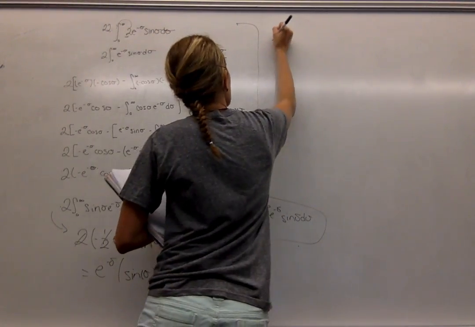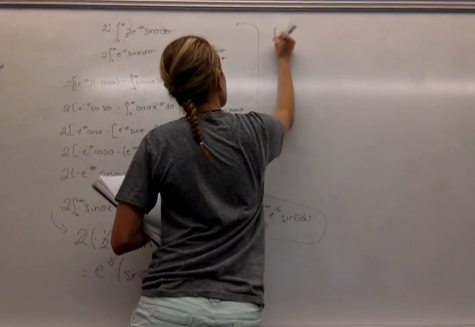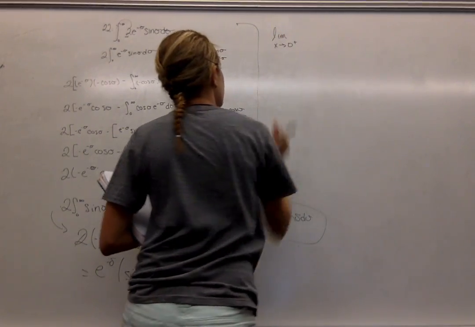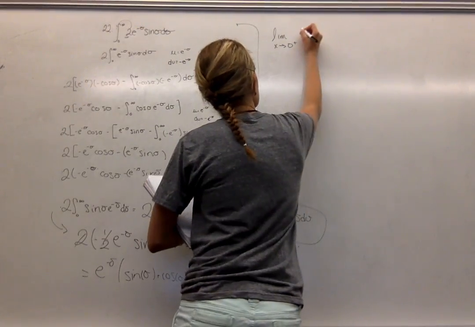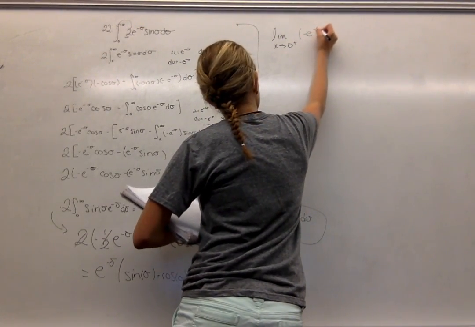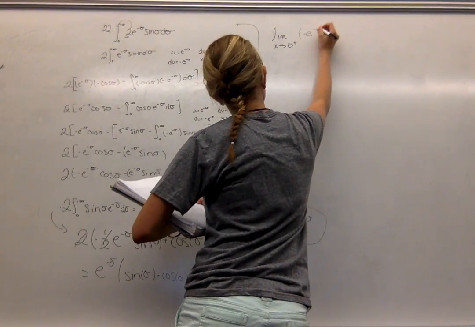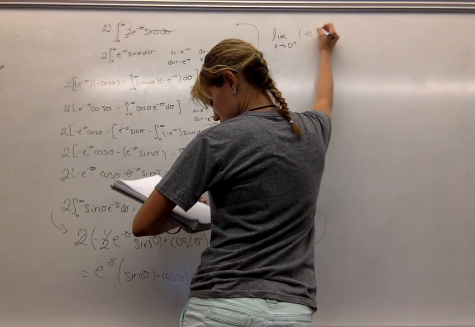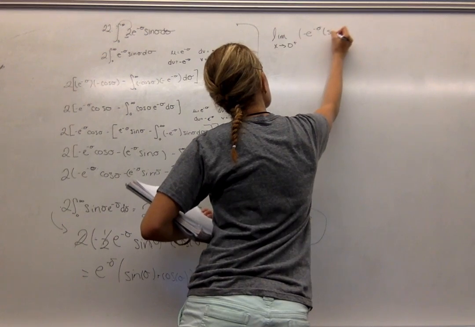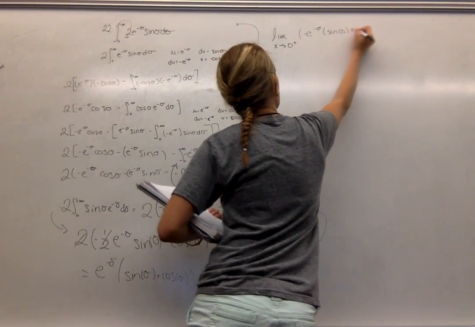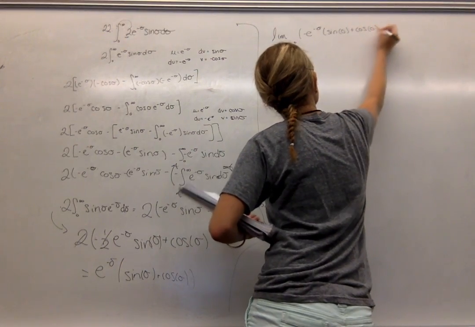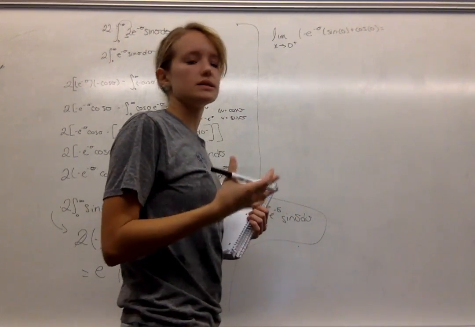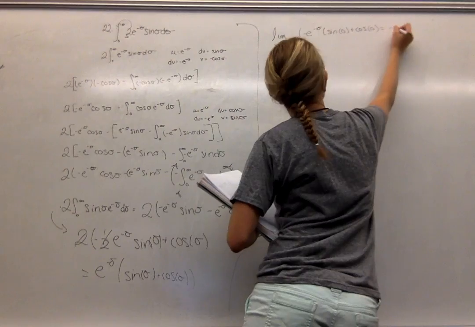So first, the limit as x approaches 0 from the right side is equal to negative e to the negative 0 times sine of 0 plus cosine of 0, and that is equal to negative 1.